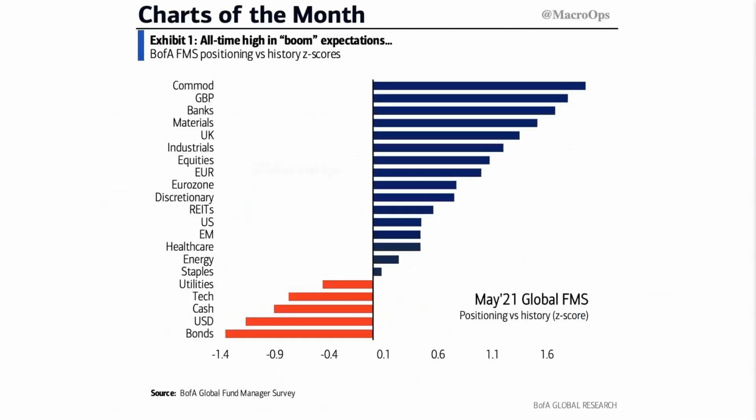Again, another graph demonstrating this is the expectations or positioning of people relative to history, given different asset classes. Bonds are clearly out of favor, and that's probably for good reasons. Commodities are one of the strongest positionings. The pound is also a strong positioning because bear in mind there was Brexit in 2016, and the pound got decimated.